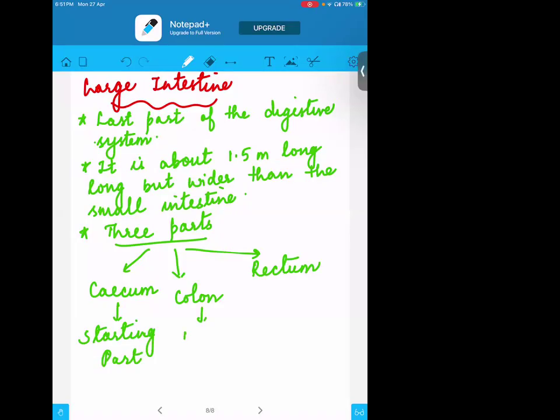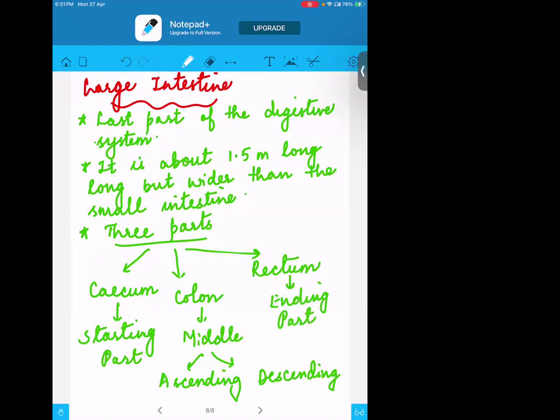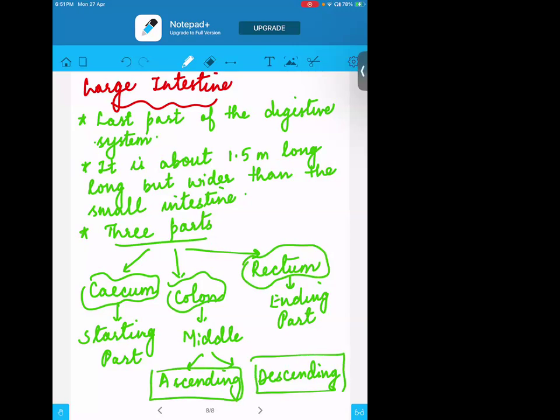Colon is basically the middle section of it, where again they will have 2 parts, which are the ascending colon and the descending colon. And the rectum is the ending part of it. So 3 parts, cecum, colon, and rectum. And in the colon, ascending and descending are there.